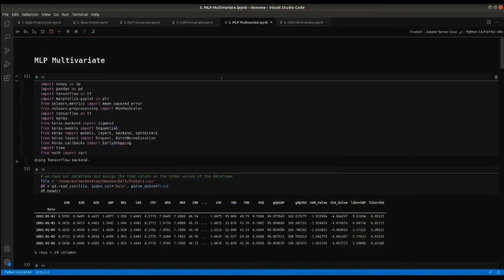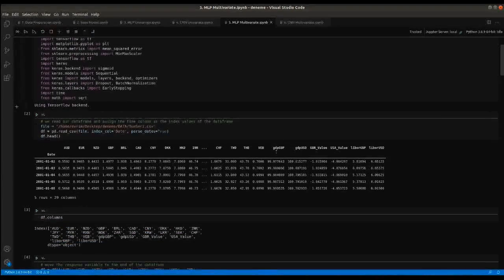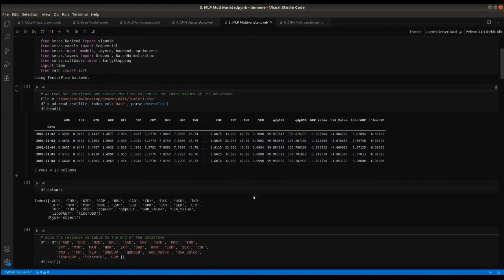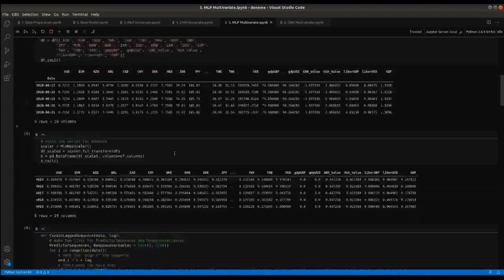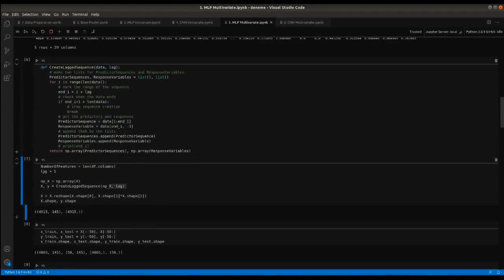My third model is the MLP architecture, but this time with the multivariate analysis. In this process, I use all the data that I gathered for the project, with the hope to acquire better results. I lower the lagged values to 5 from 50 compared to the previous models.